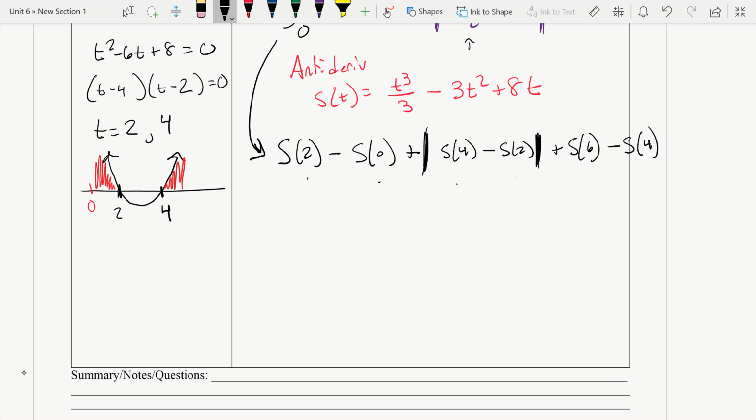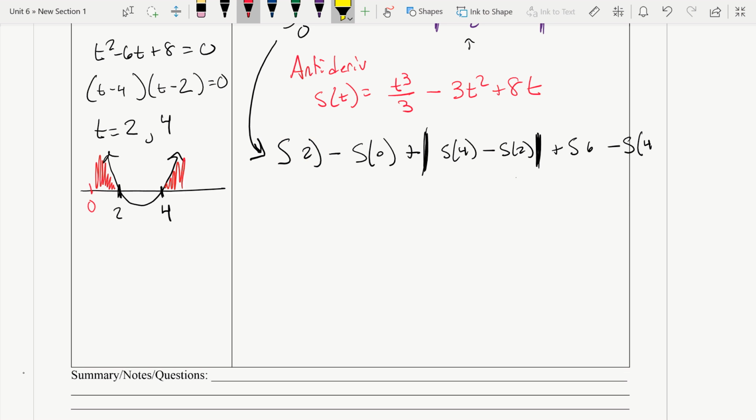Nope, here's another advantage to doing it this way. It's not going to save you a ton of work, but look, we reuse s of 2 twice. We use s of 4 twice. So s of 0 and s of 6 each get used once. I would then suggest, dang it, why did I highlight? It's always hard to erase highlighting here.